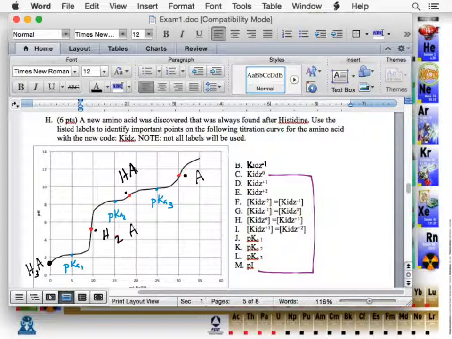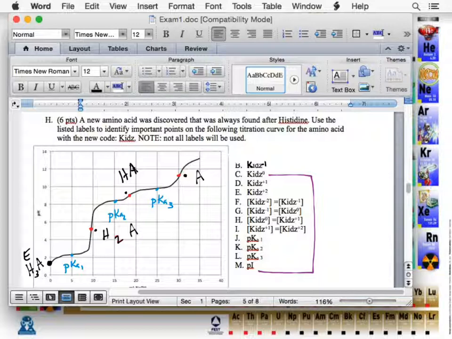What's our starting point? All right, what is H3A? KIDS 2 plus, our fully protonated state, which I don't want to write out, so I'm going to say E. What is H2A?